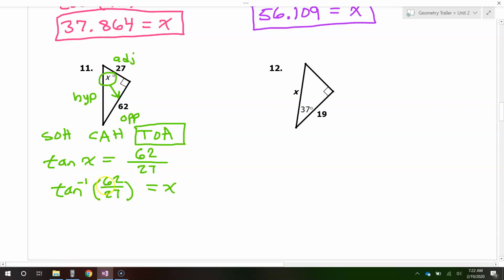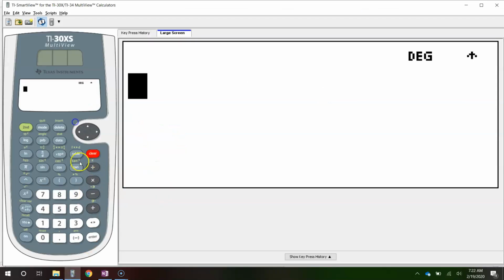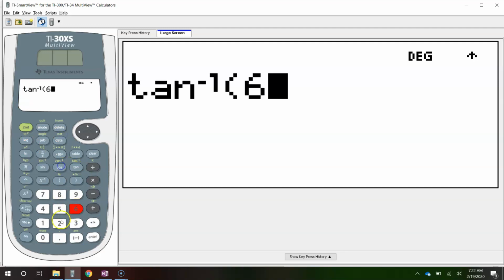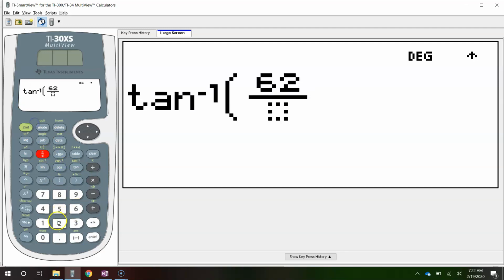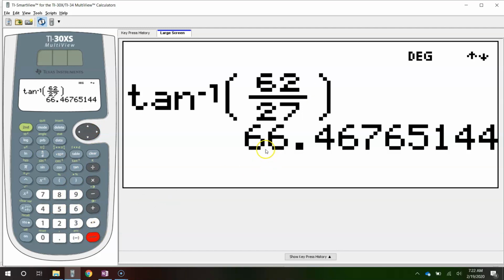All right, inverse tangent 62 over 27. 66.468. Got to round up. 66.468.